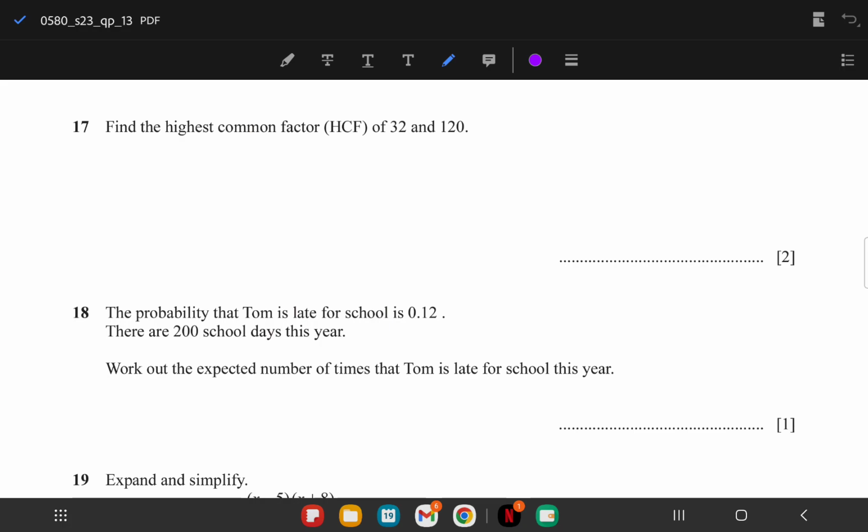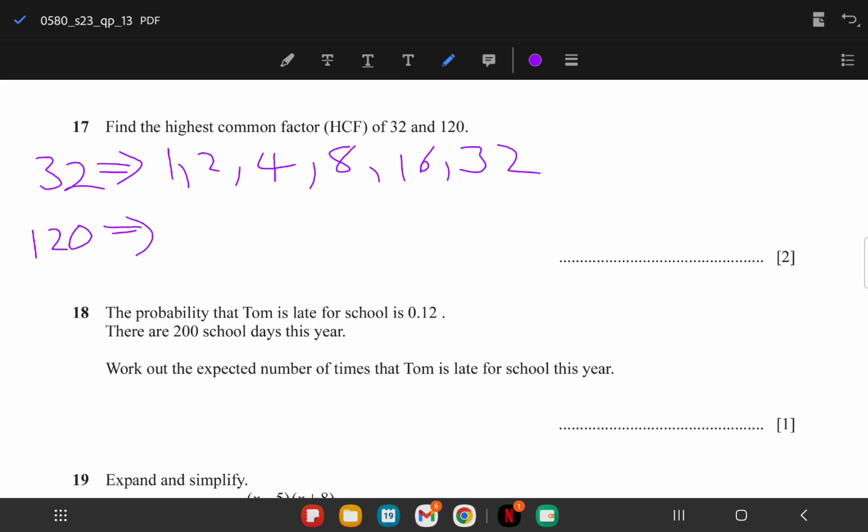So the factors of 32 that I know are 1, 2, 4, 8, 16, and 32 itself. And the factors of 120: 1, 2, 3, 4, 5, 6, 8.